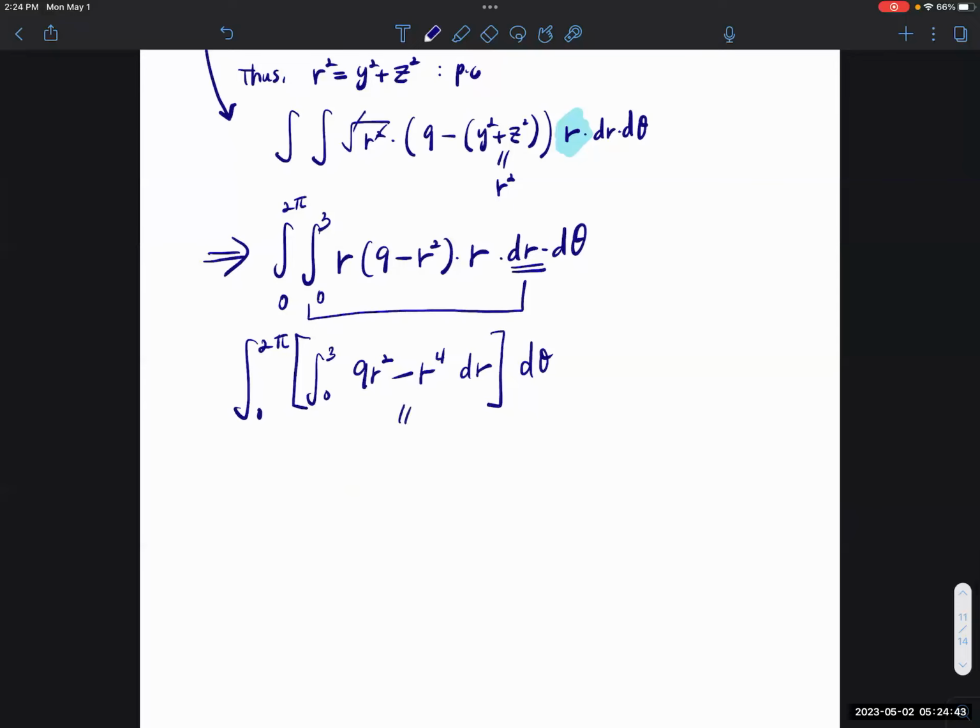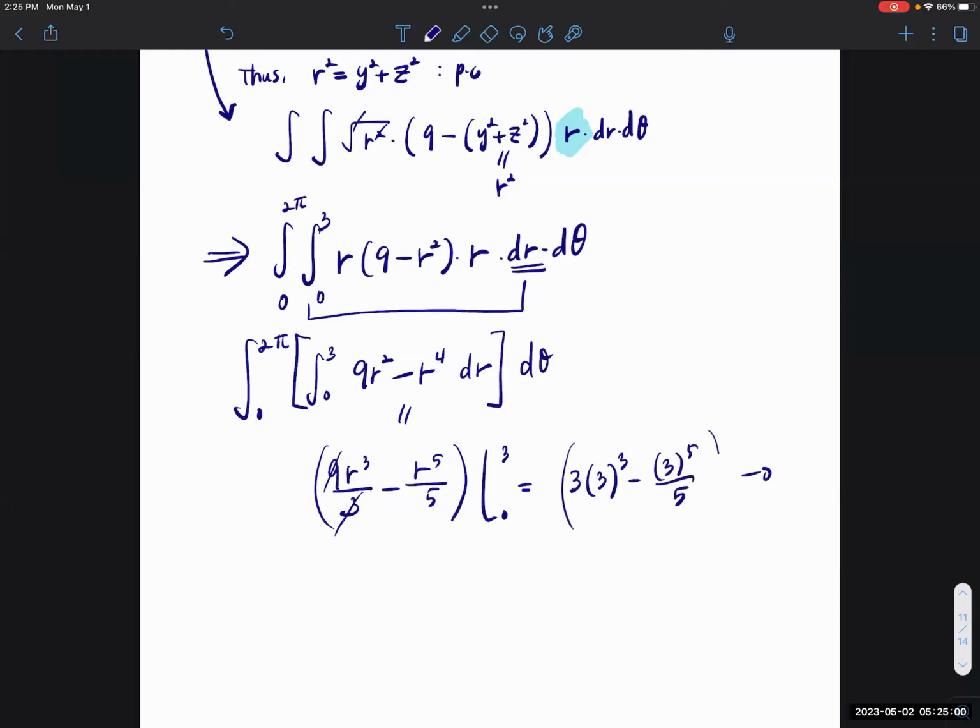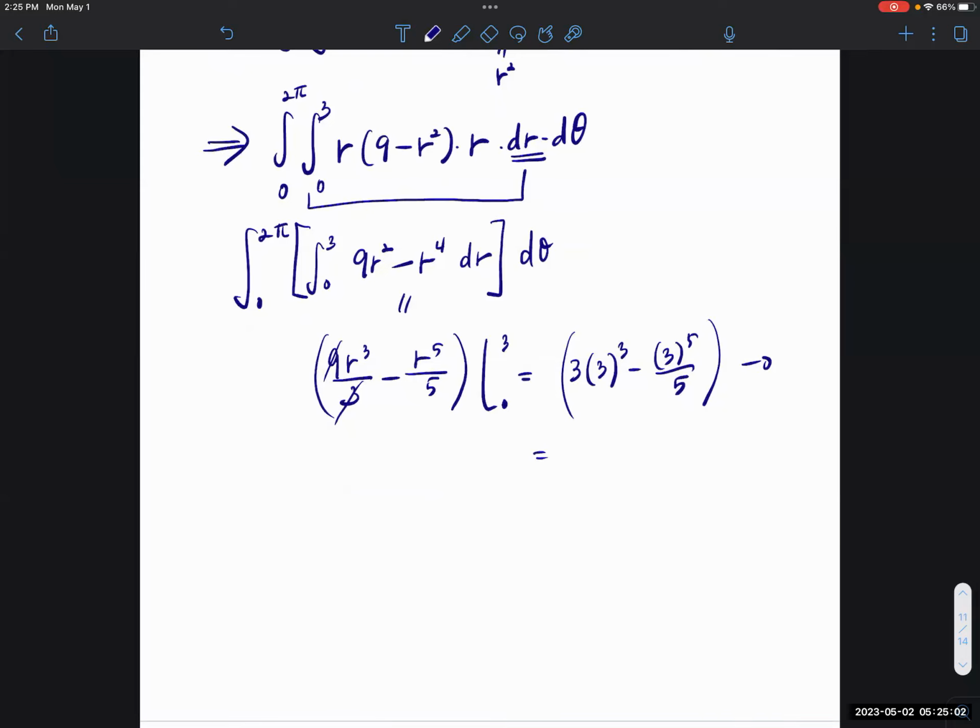So if we finish, 9r cubed over 3 minus r to the 5th over 5, from 0 to 3. That means, canceling, 3 to the 3rd minus 3 to the 5th over 5, minus 0. So it is going to be 81 minus, what is 81 times 3? 243 divided by 5.